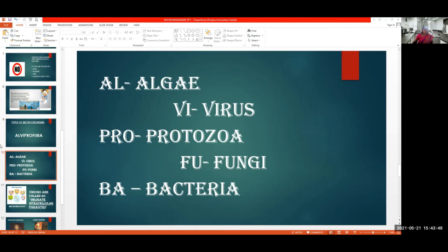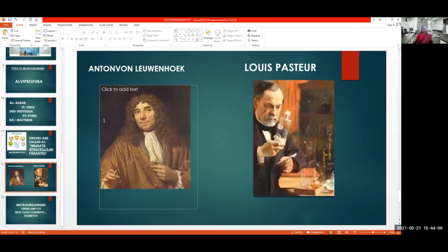Next I can show you another slide. Here I have given you 2 scientists' names: one is Louis Pasteur, the other one is Anton von Leeuwenhoek. Only one clue I can give you, but they have done a lot of work.